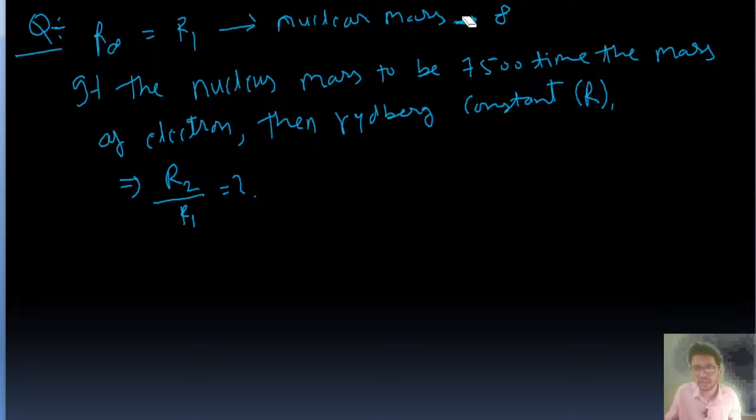If the nuclear mass is 7500 times the mass of the electron, then the Rydberg constant R, that is R2 upon R1, we need to find.